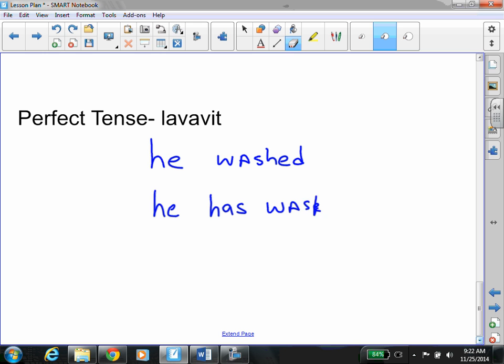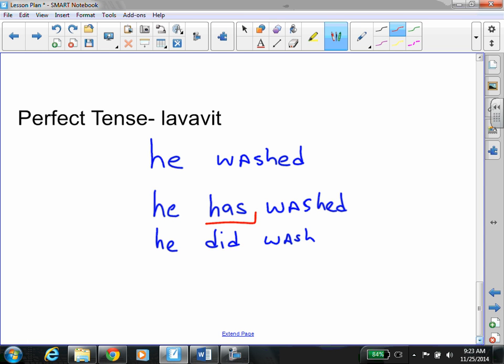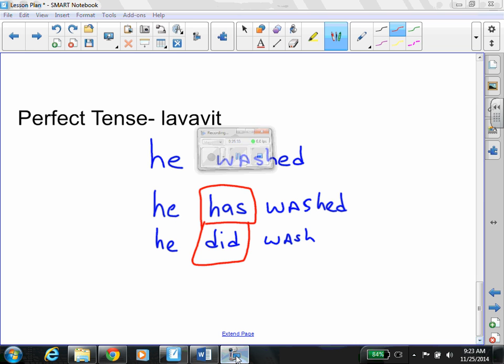He has washed. We can also say he did wash. All of those will work. So for the perfect tense, I can use has, or I can use did, either one. Hopefully that helps you out.